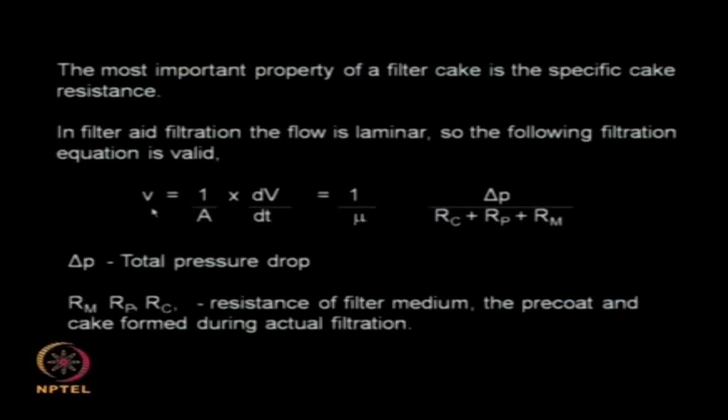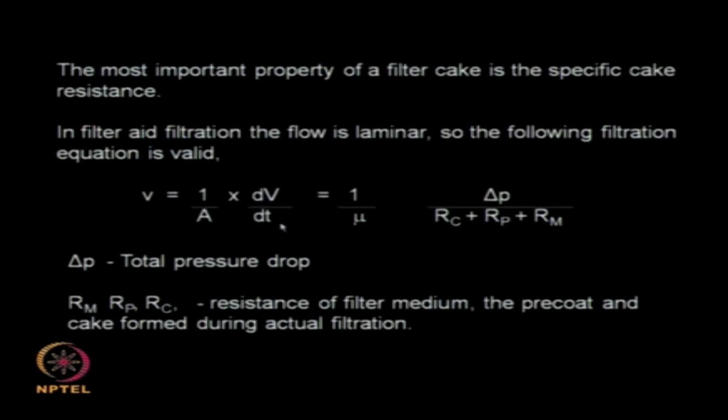Now in the third situation, you may have a situation where the filter aid or pre-coat also can offer some resistance to the flow of the liquid. So the velocity of the flow of the liquid is equal to 1 by area of the filtration multiplied by the volume that needs to be filtered and the time.